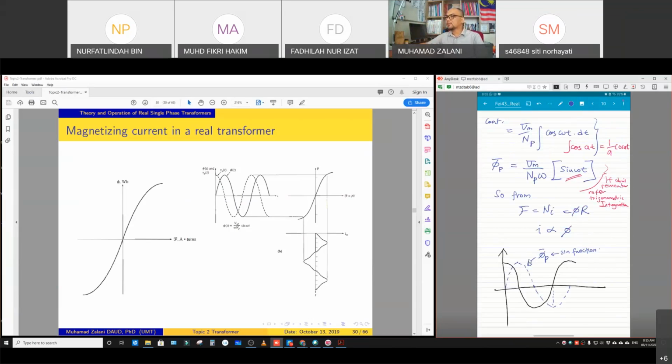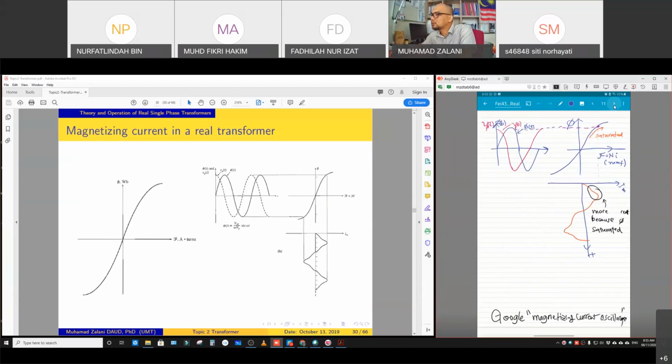Then for the current, basically we can still use the same equation that we learned in the previous lesson, which is F equals Ni equals phi R. You can say that in this case, phi is proportional to the current. Current is proportional to the phi flux.